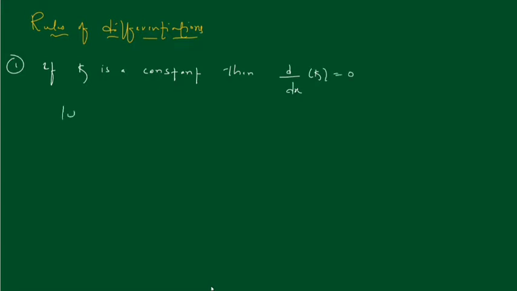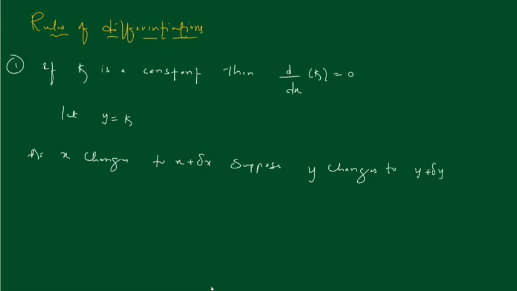So let y equal k. As x changes to x plus delta x, suppose y changes to y plus delta y.